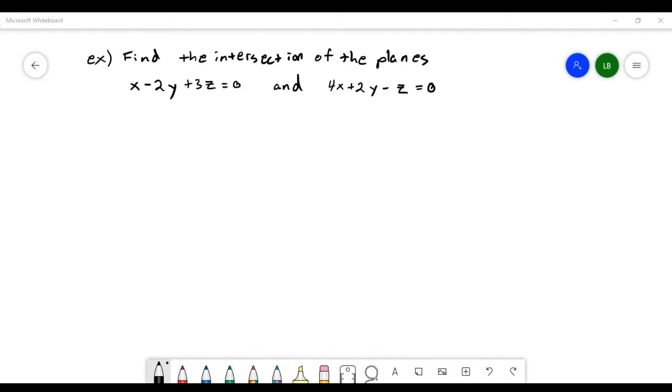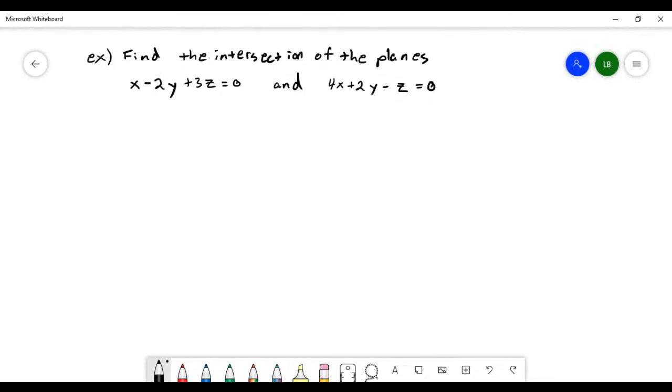Right, it's going to be a line. If we have two planes, there are only a couple of different ways they can intersect. One, you can have the planes be exactly on top of each other, so they are the same plane, in which case they would intersect everywhere.